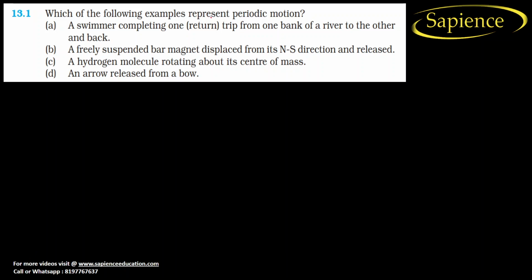which of the following examples represent periodic motion? First is a swimmer completing one return trip from one bank of a river to the other bank. So first of all, see here what is the condition. There is a swimmer and there is one bank.